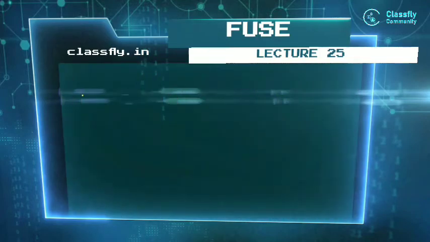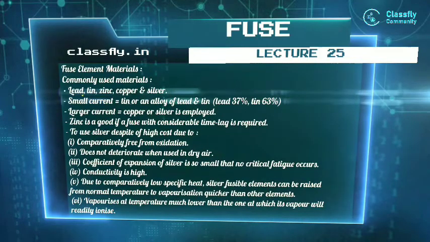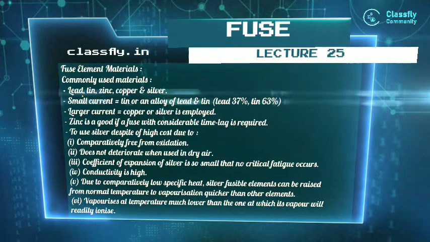Now let's move on to the last part, that is the fuse element materials. Commonly, we use materials like lead, tin, zinc, copper and silver. Whenever it is a small current, we use tin or an alloy of lead and tin. The lead percentage will be 37% and the tin percentage will be 63%.